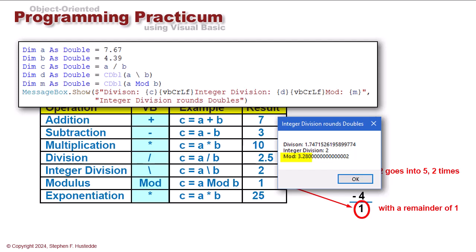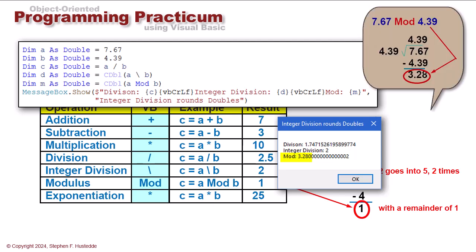The modulus would be 0, except for the modulus doesn't make that distinction. For the modulus, it does the division as an integer division, but keeps the values as double values and provides the remainder as a double value.